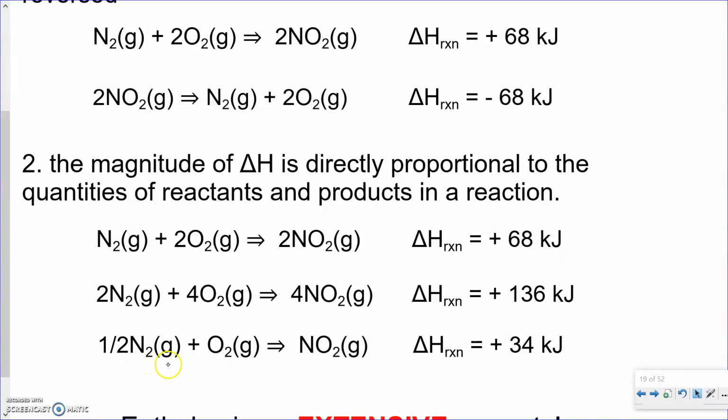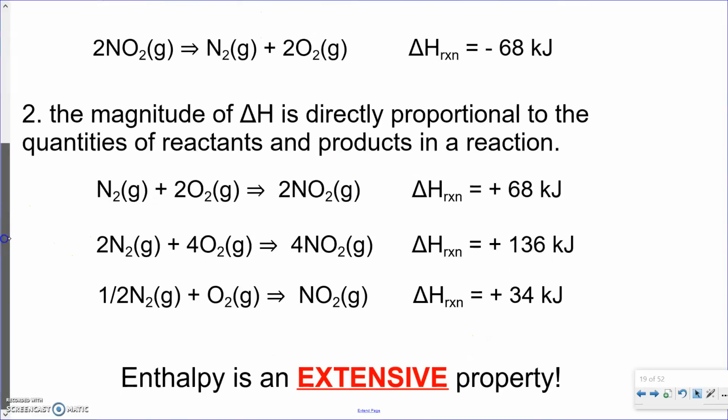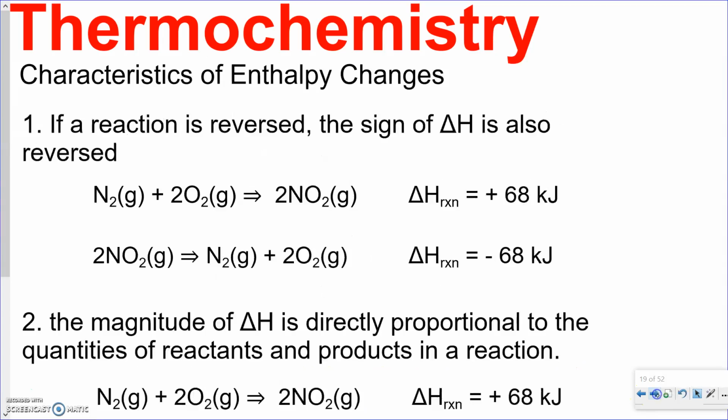A half nitrogen molecule plus 1 oxygen forming 1 nitrogen dioxide, it halves our delta H value. So we have this idea of the extensive physical properties. Okay? So again, enthalpy is extensive. So if we flip the reaction, we change the sign. If we change the amount of stuff, we have to also change the value of delta H accordingly.